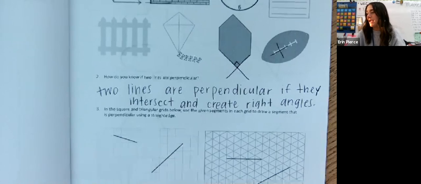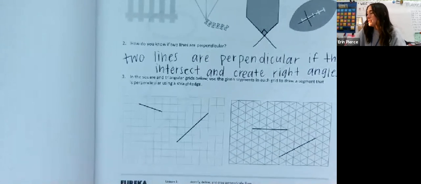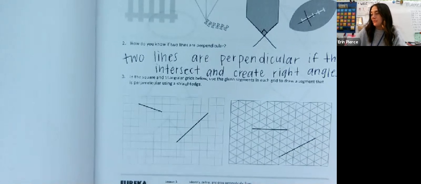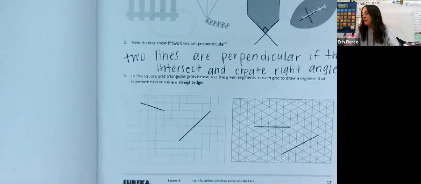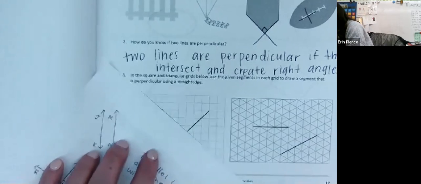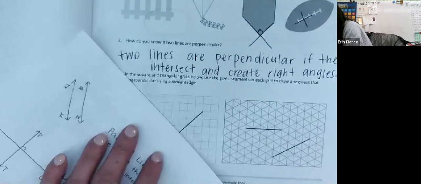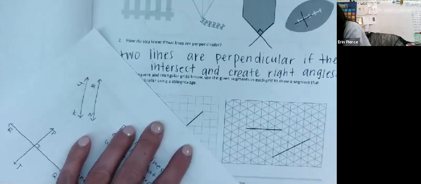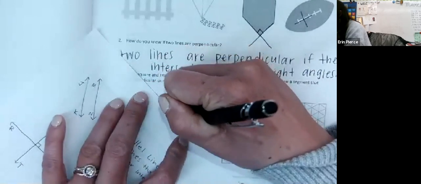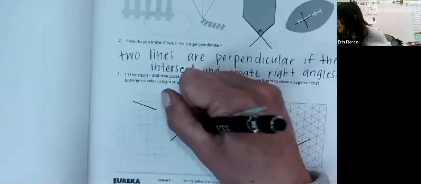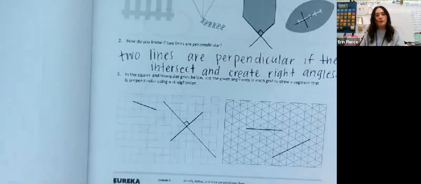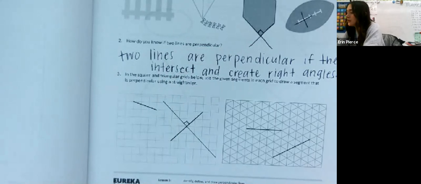In the square and triangular grids below, use the given segments in each grid to draw a segment that is perpendicular using a straight edge. So my straight edge today is just going to be my piece of paper. I can kind of just do my best to draw some lines that will create perpendicular lines, creating right angles.